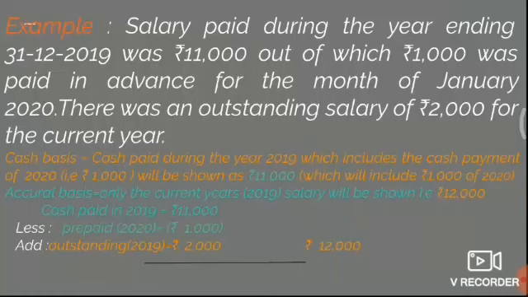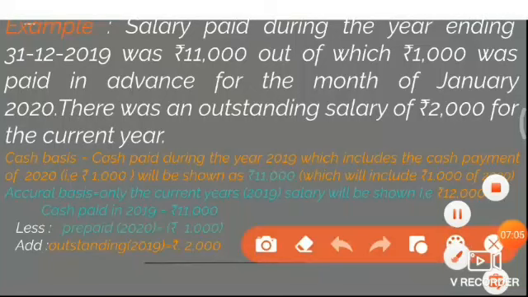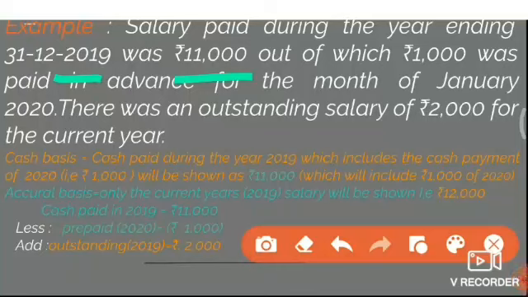If you see this example carefully, you will see that salary paid during the year ending 2019, paid in cash, is 11,000. So in 2019 you have paid salary in cash of 11,000. Now out of this 11,000 rupees, 1,000 rupees was for the year 2020. This is paid in advance for the January month of 2020.